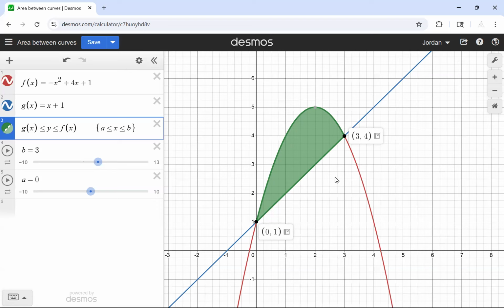Now, if I'm using my TI-84 calculator and I can't see where this point of intersection is, that it's 3, 4, you can actually use your calculator to find points of intersection after you graph, using the calculate menu.